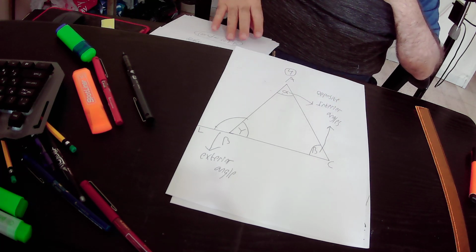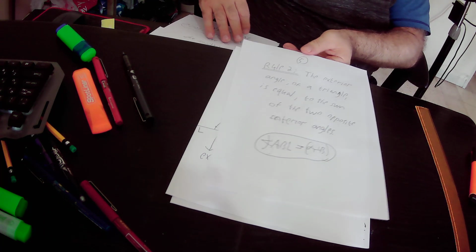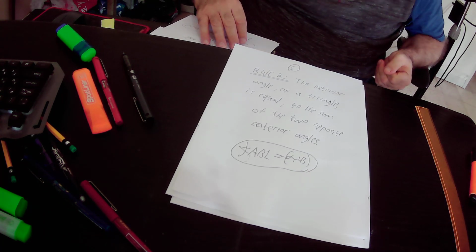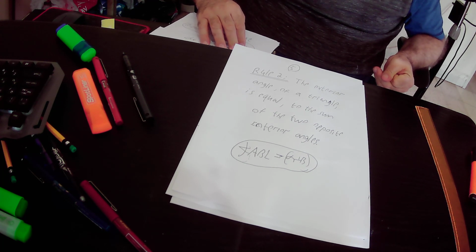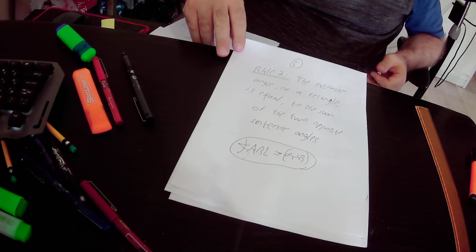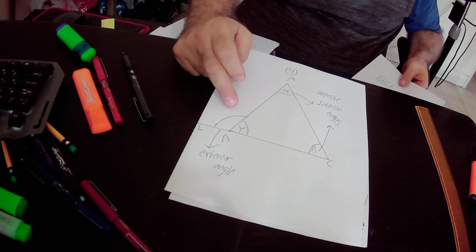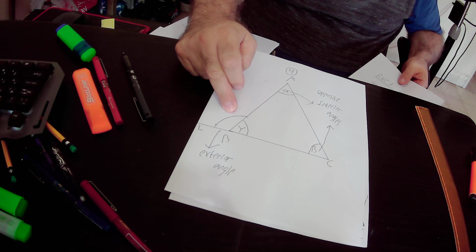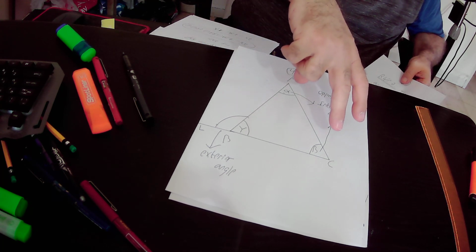Rule number 2 states that the exterior angle of a triangle is equal to the sum of the two opposite interior angles. So according to rule number 2, the exterior angle ABL is equal to the sum of the two opposite interior angles.